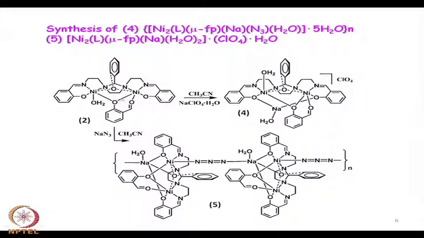Your salicylaldehyde group is not moving away, because it is bridged and chelation is there. So, it is strongly holding the molecule, and the azide function replaces this water molecule. That means this azide end, the other nitrogen, is close to the sodium. So, sodium is now involved in bridging.